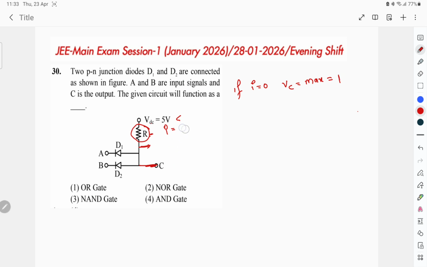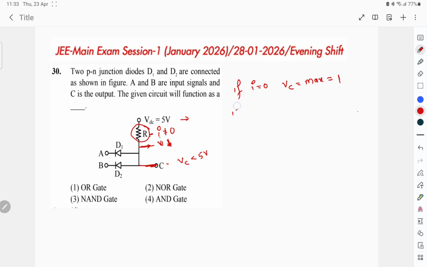Now see, when there is some current, I is not equal to 0. When there is some current in the resistor, then absolutely there should be some potential drop. Here 5 volt is there, so depending upon the value of I, some potential drop will be there. So when potential drop is there, VC is less than 5 volt.